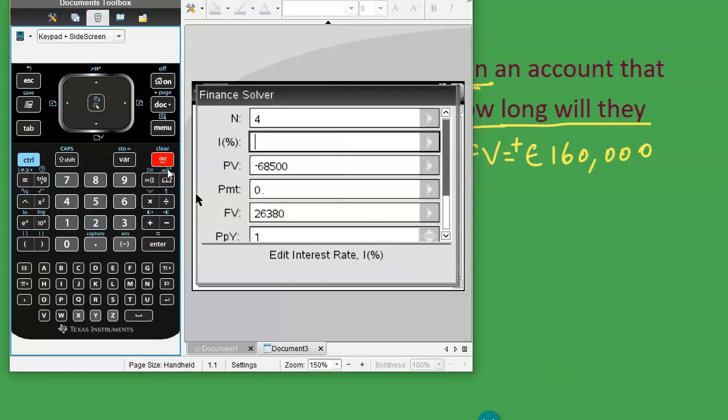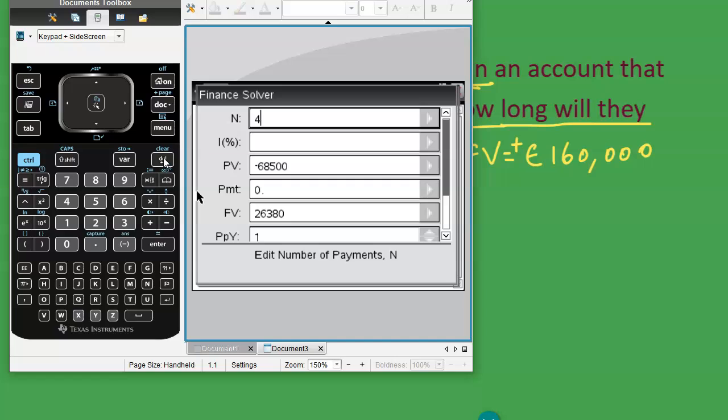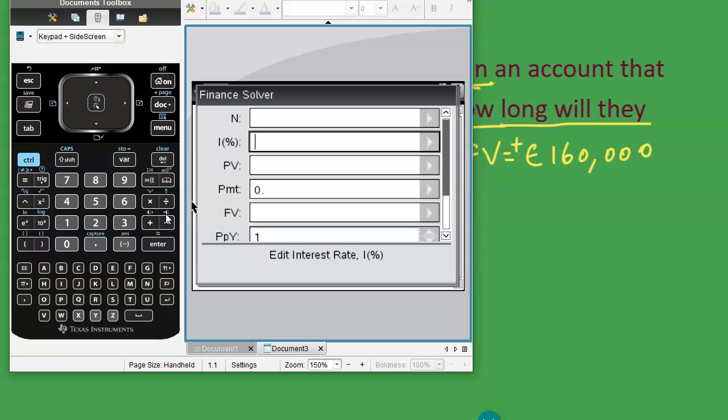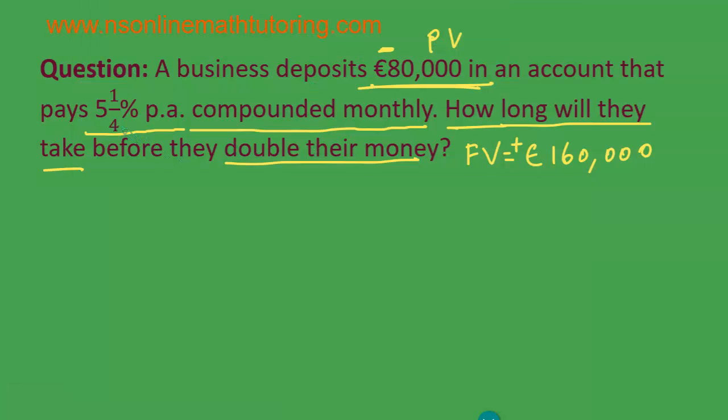Again, we have to delete whatever has been written previously. N has to be found out, so we leave that space blank. Coming to this part, it is 5.25%. Let me show you once more. 5 1/4% is 5.25%.